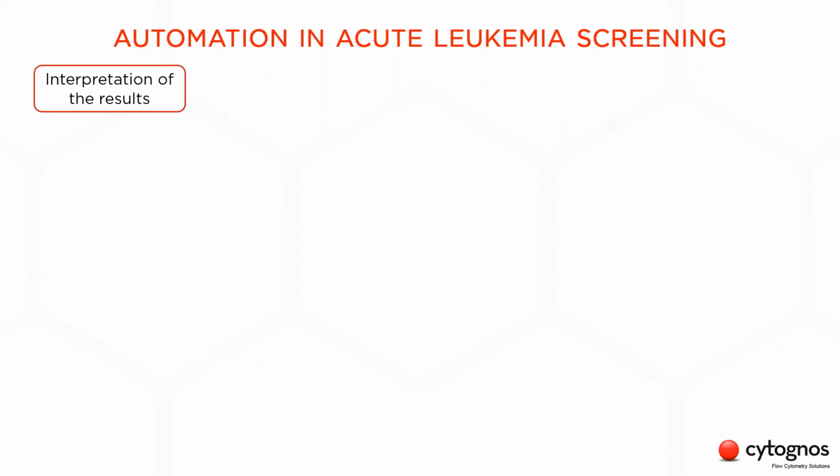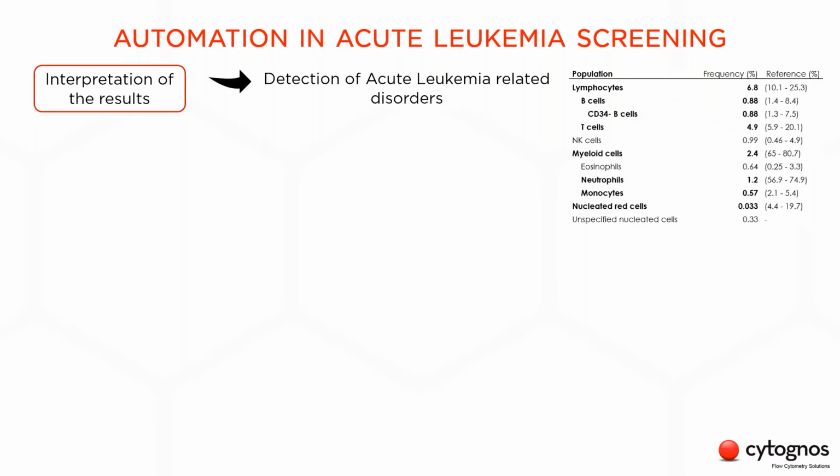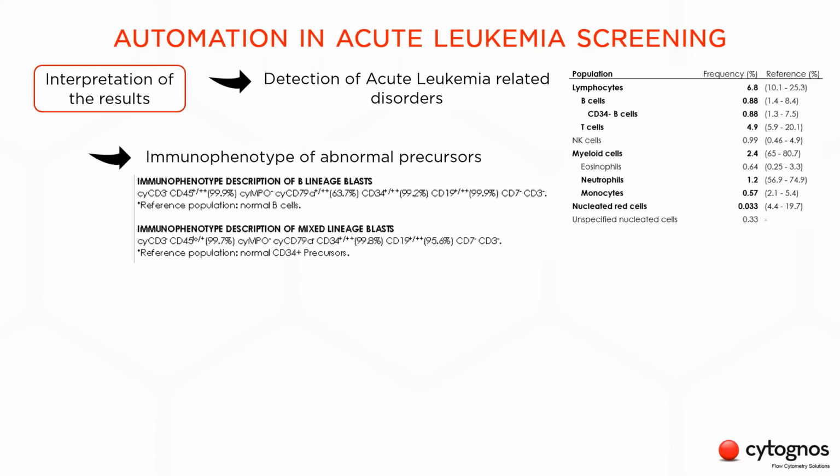Here we have the interpretation of the case, including not only the blast information, but also the detection of potential related disorders of the patient. And we get the complete immunophenotype of each of the aberrant populations in case that we have several lineages affected.